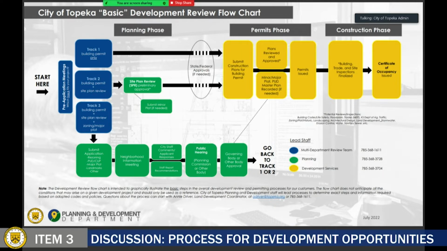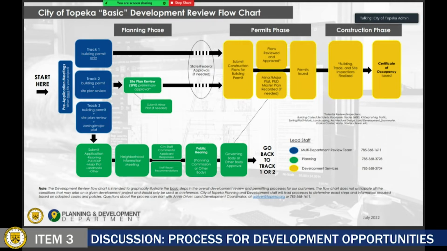That's what that little dotted connection between the last green box and the yellow box shows: you as a governing body may have approved a plat, or it needs to be recorded before we issue the permit. It doesn't have to be recorded before they can submit for the permit. It just needs to be recorded before the permit is issued. So that's why we have that connection.